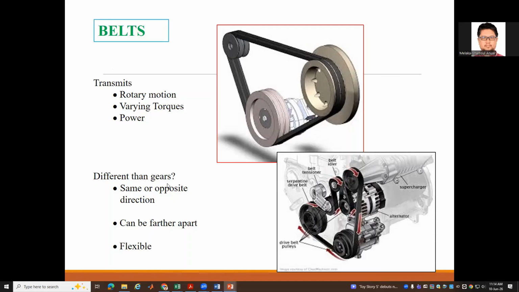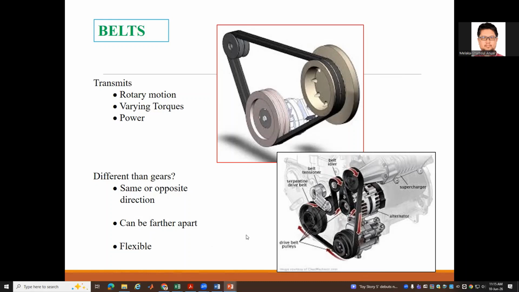Okay, so what is interesting about this one compared to rigid body gears is that this one doesn't change the direction. So if our input is going clockwise, the output will also go clockwise. So same direction, if you put it in this open configuration.